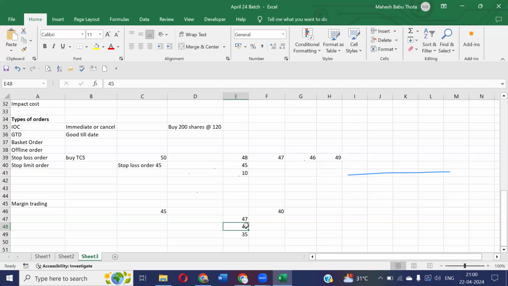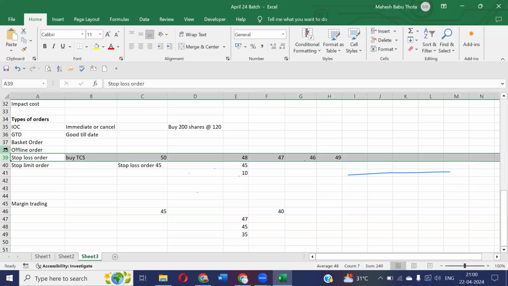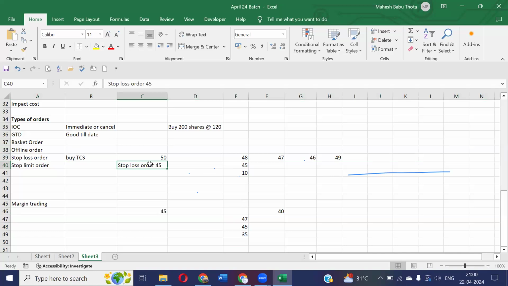Which one is best? Stop limit or stop loss? Stop limit. A stop loss order is also a bit risky because we are not determining the limit. After 40 rupees, whatever the price available, we can sell it at that price. It can be 42 rupees, 44 rupees, or 50 rupees, whatever the price, it will be sold.